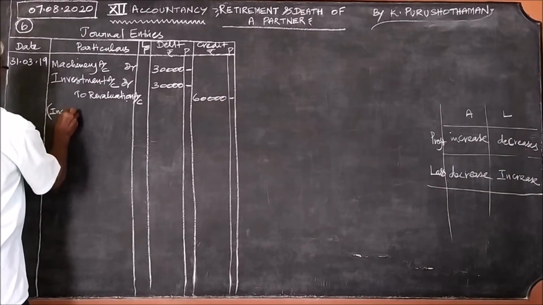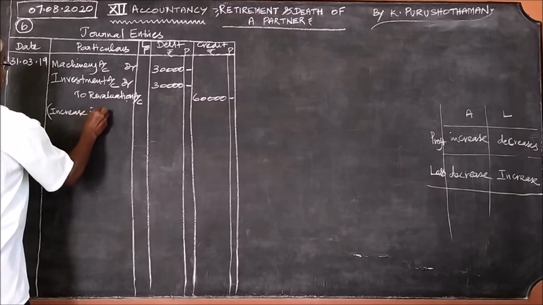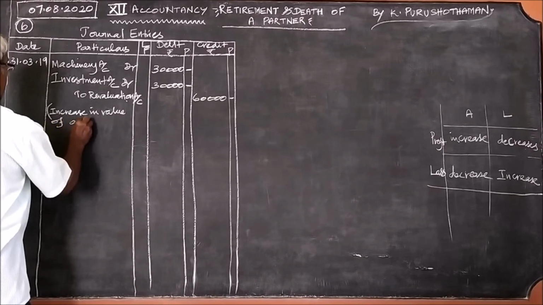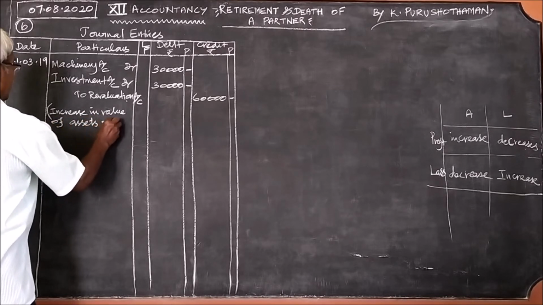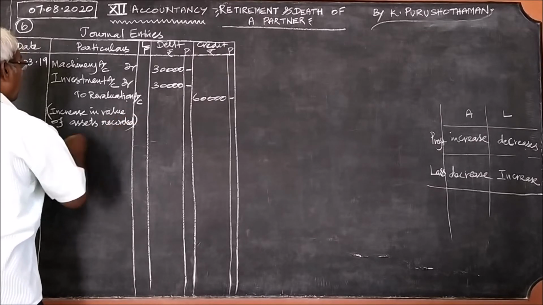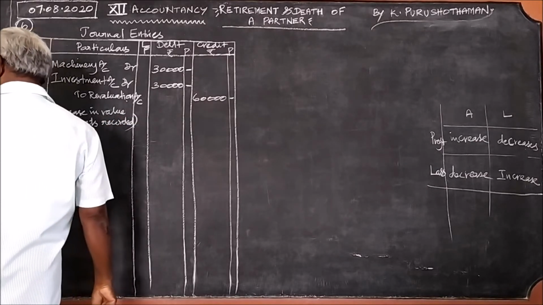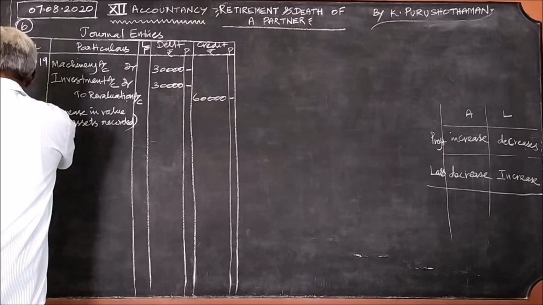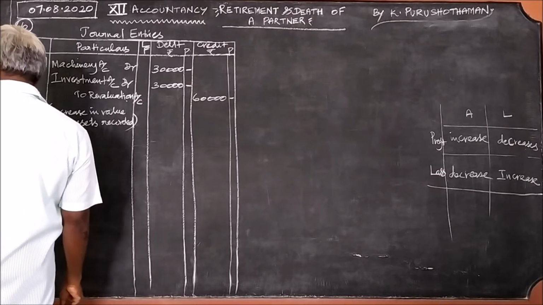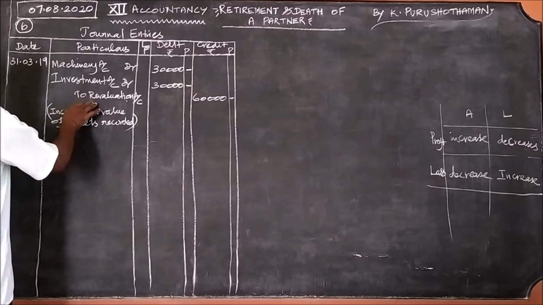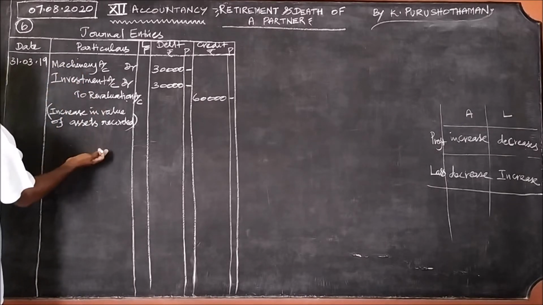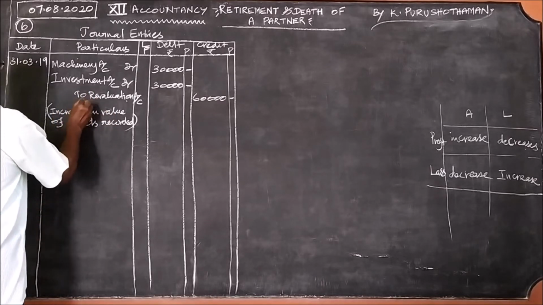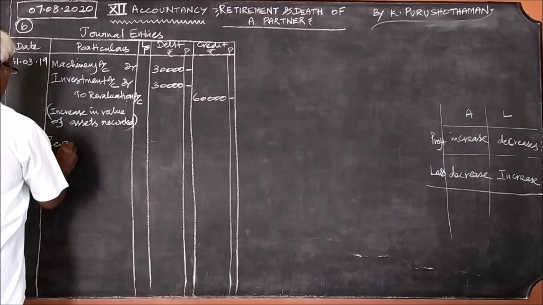Increase in value of assets recorded. Right. Then already we have seen decrease in the value of furniture and the provision for doubtful debt increased. These two are loss items. This profit item entry is the reverse. The reverse is the entry for loss item. What is the reverse? Revaluation account debtor.